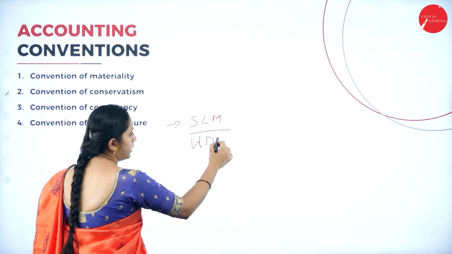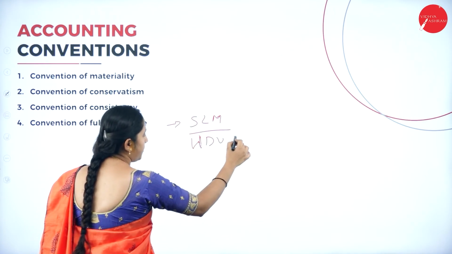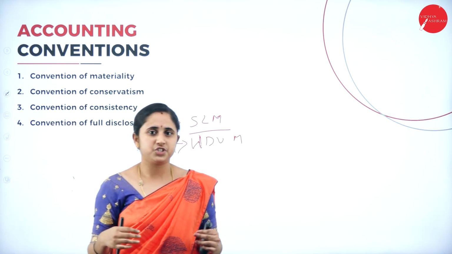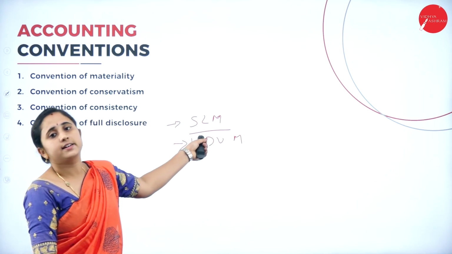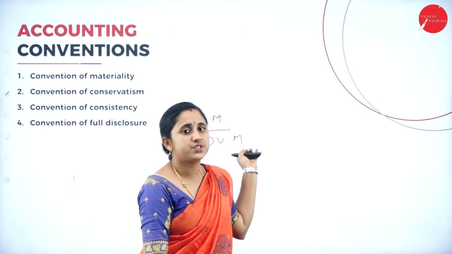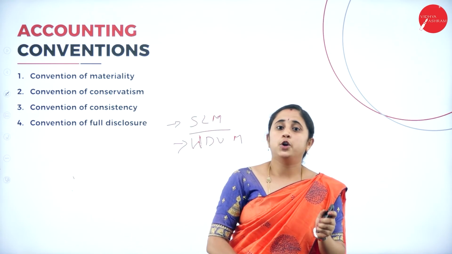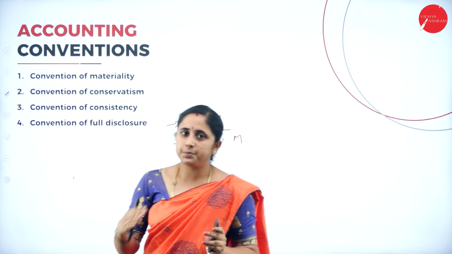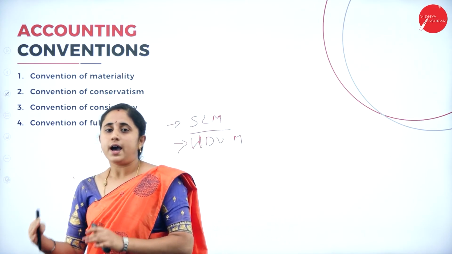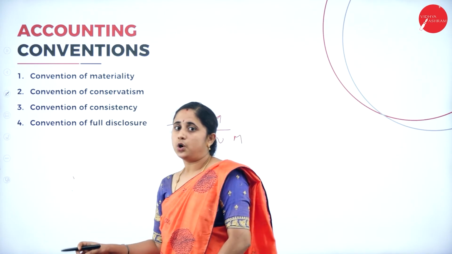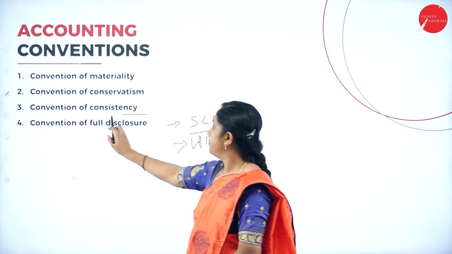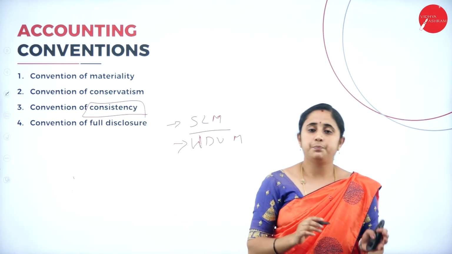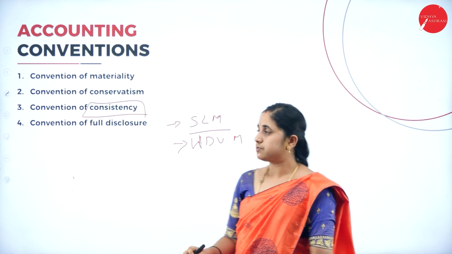There are several methods of calculating depreciation, such as written down value method. Once you start with the straight line method, you should follow it from one year to another. So, this convention says maintain consistency in the preparation of your accounts.